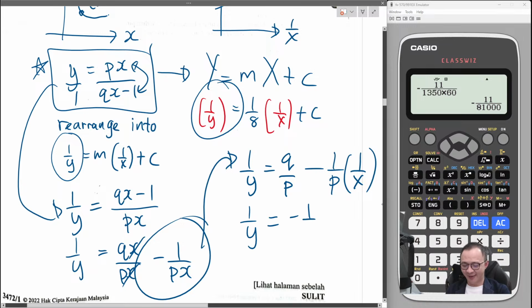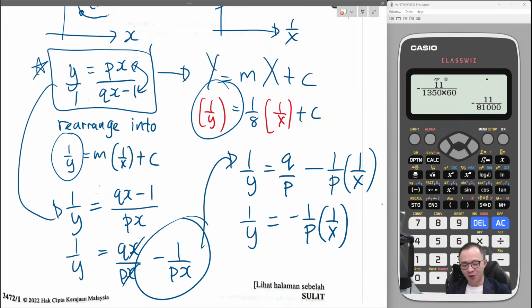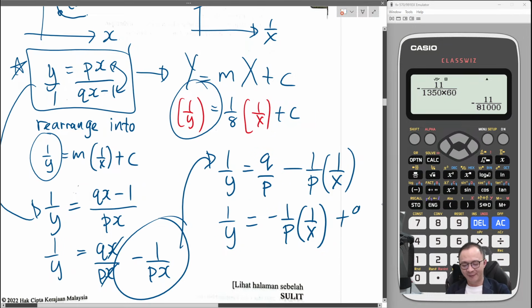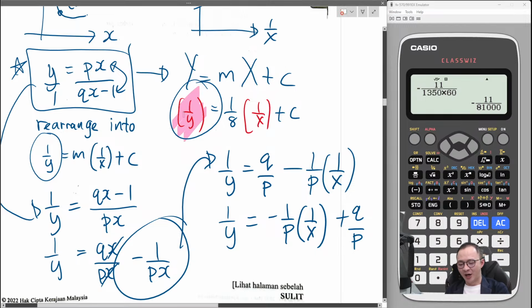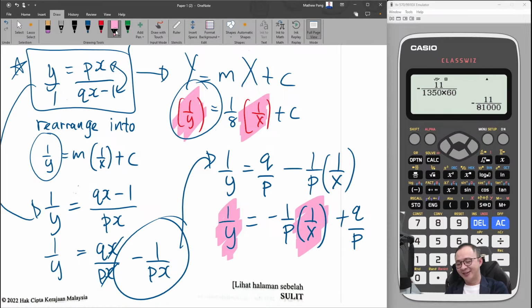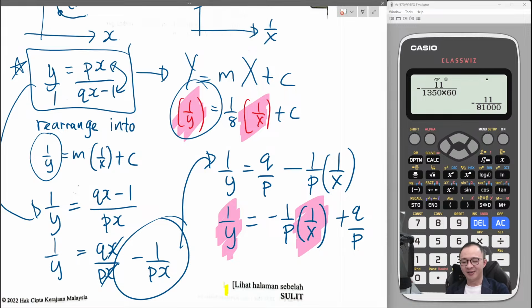now I have the pattern I want. I rearrange them into y equals mx plus c. Okay, this is my y. This is my y. This is my x. This is my x. Then, what is the gradient? This is the gradient. This is the gradient.